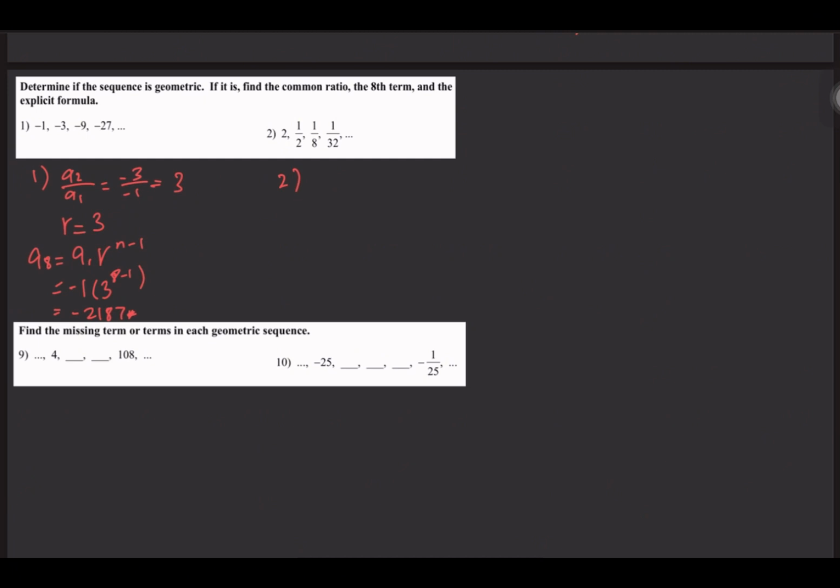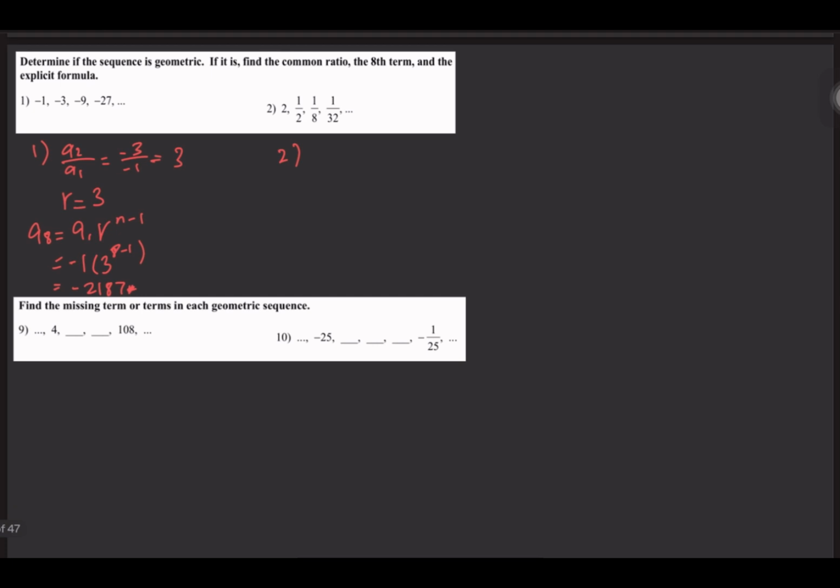Second one, now we want to find if it has a common ratio, or is geometric. So we take a2 divided by a1, 1/2 divided by 2. We get 1/4. Then we test 1/8 over 1/2. Also 1/4.